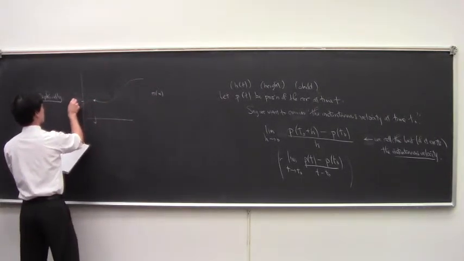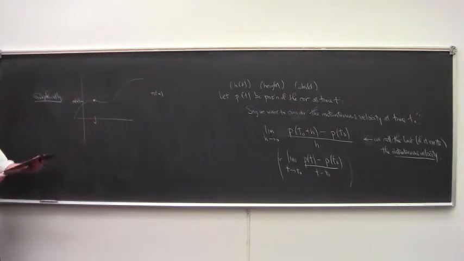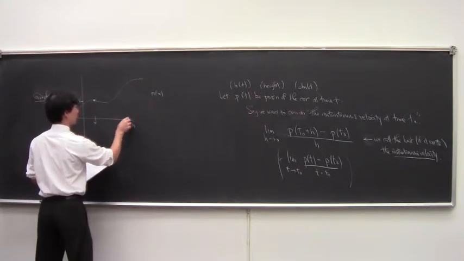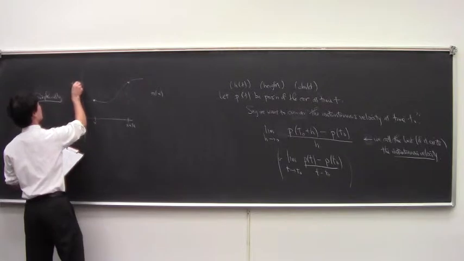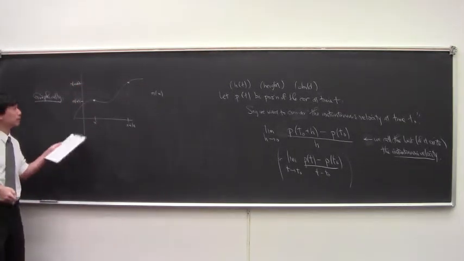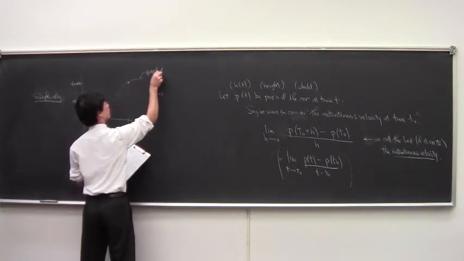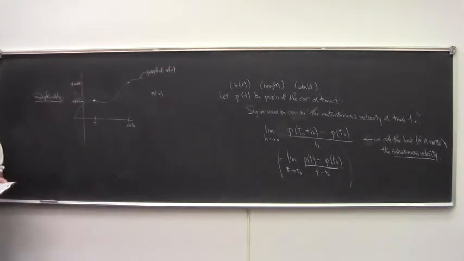This height, of course, is p of x. And we have x plus h here, and this height is p of x plus h, of course. That's the graph of this function.